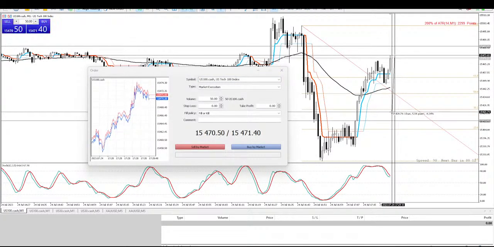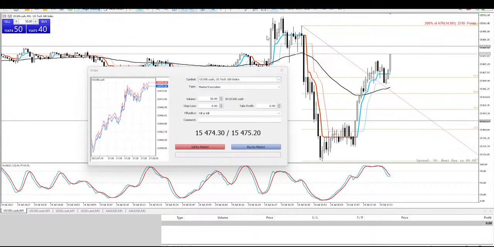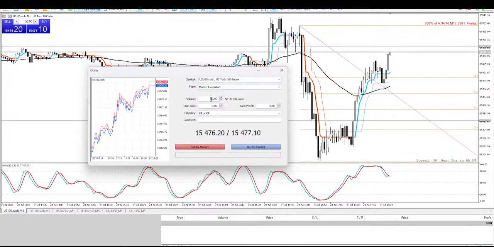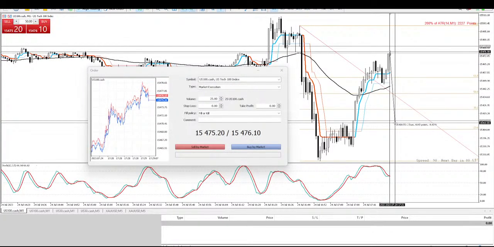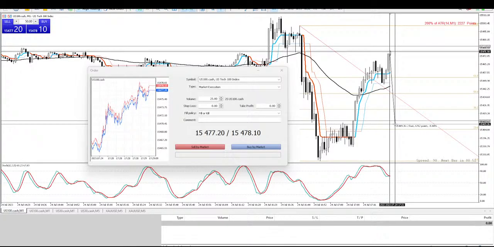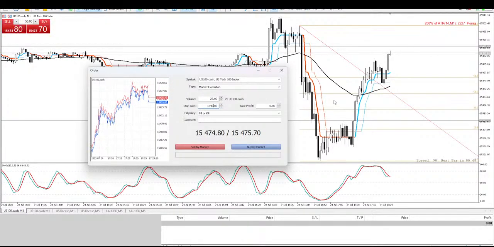I don't like where the stop loss needs to be though. Might need to go with a lower lot size and a bigger stop loss. So 15,409 would be the stop loss.